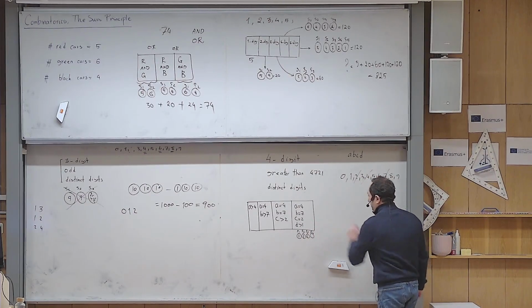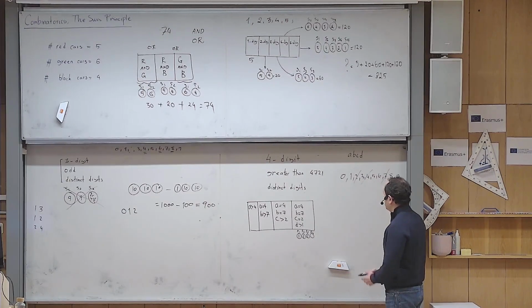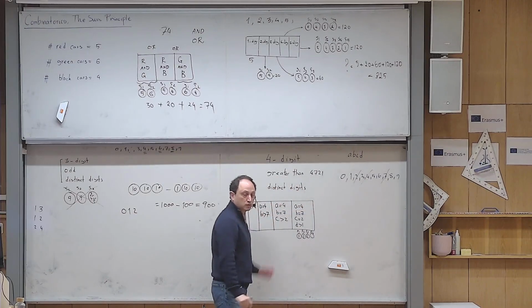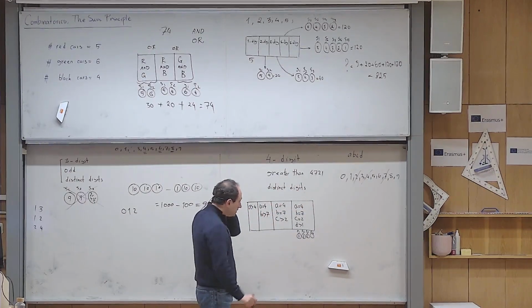And I want to fill up S4. I'm not allowed to choose one of them, but 1, 2, 3, 4, 5, 6, 7 are left.